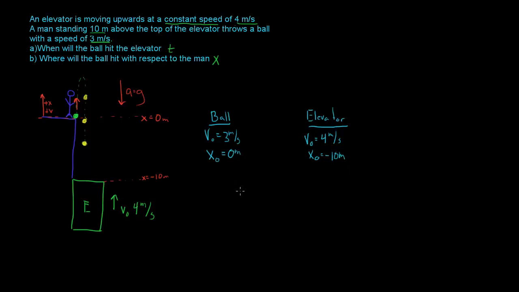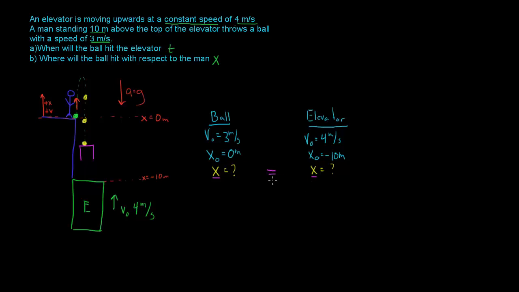The distance the ball travels and the distance the elevator travels are unknown. Wherever they hit, they're going to be at the same position, so the x of the ball and the x of the elevator are equal to each other.